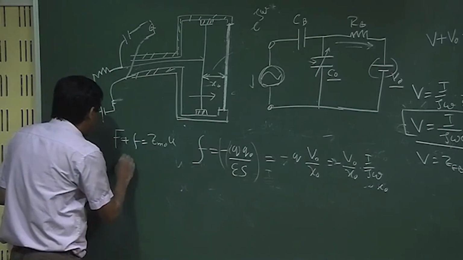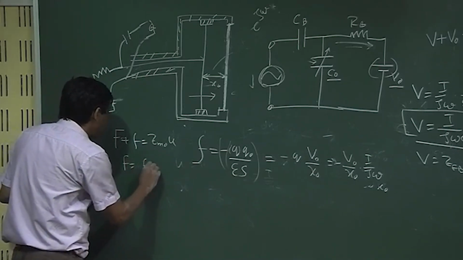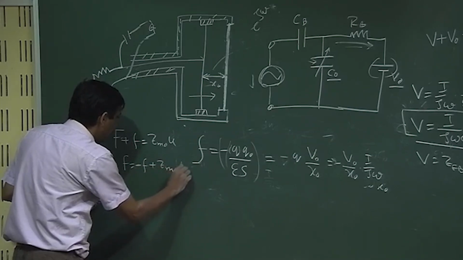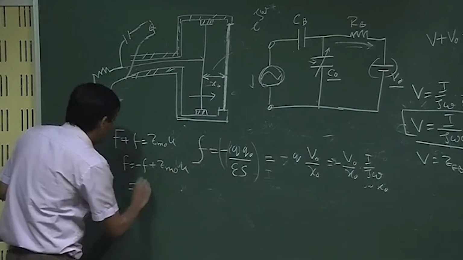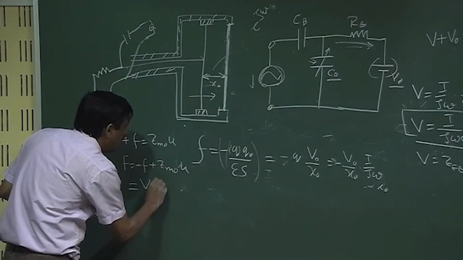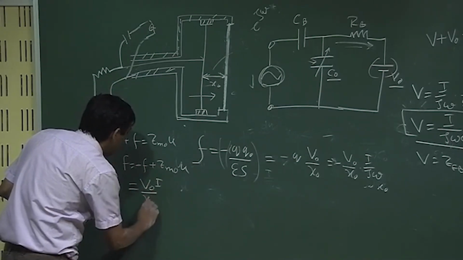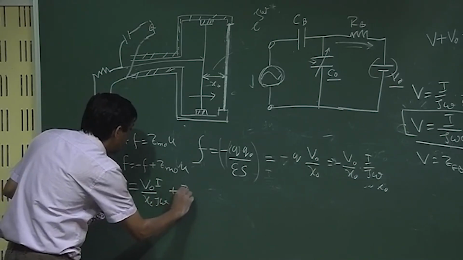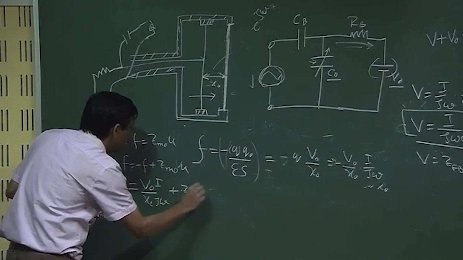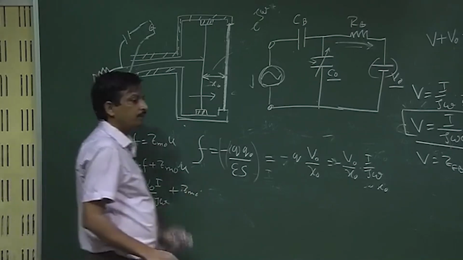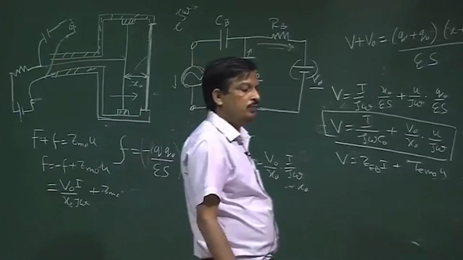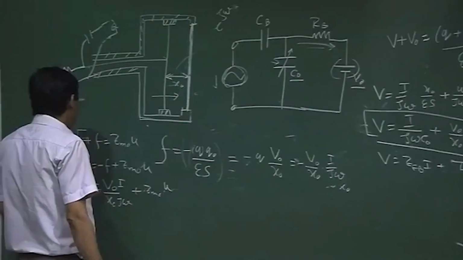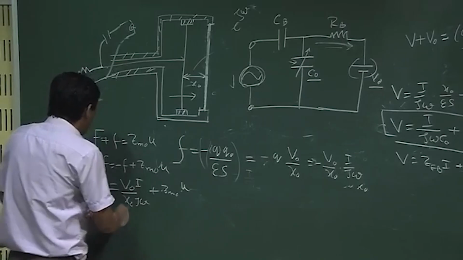So, I can write F is equal to F minus F plus Zmu into U. What is F? It is nothing but V0 I by x0 into j omega plus Zmu into U. Zmu into U. Now, what is this?